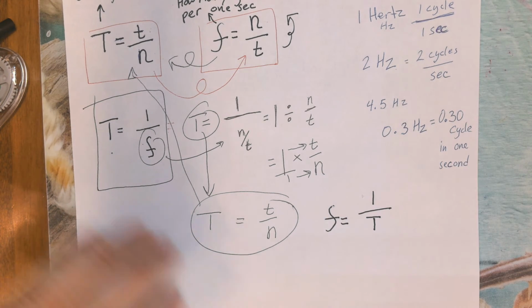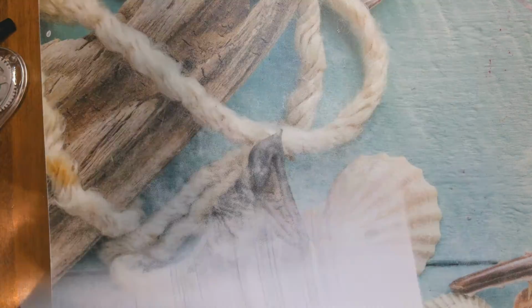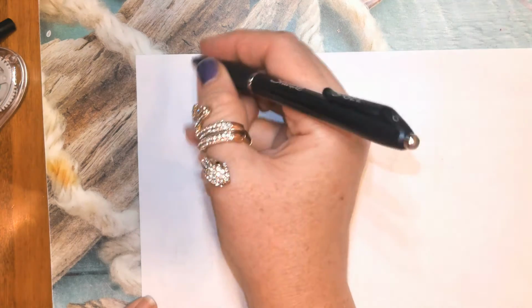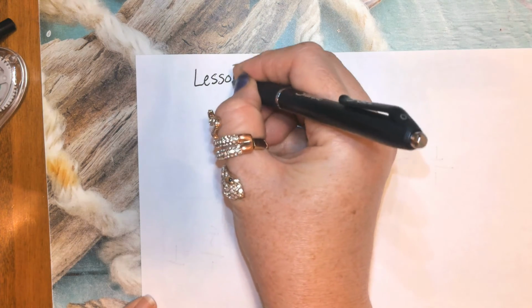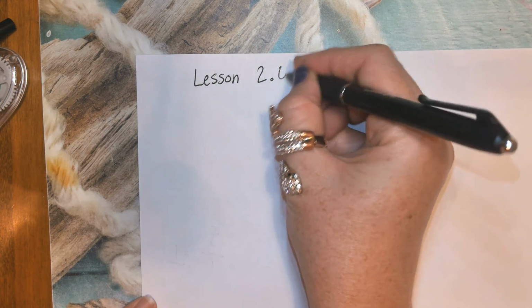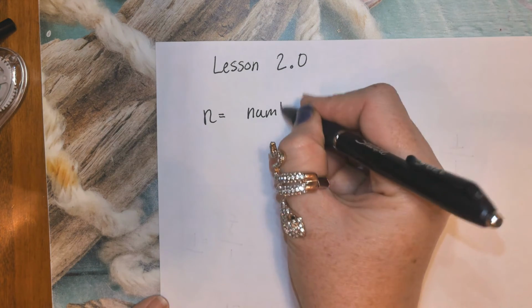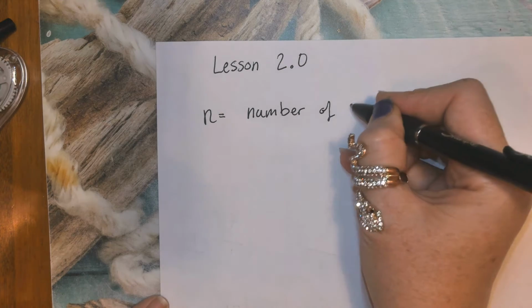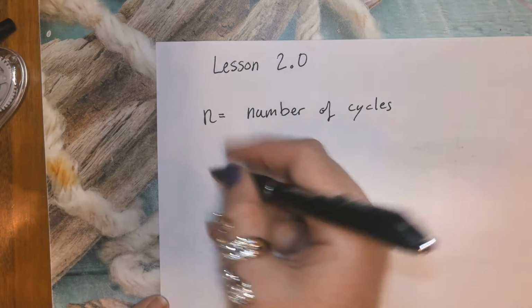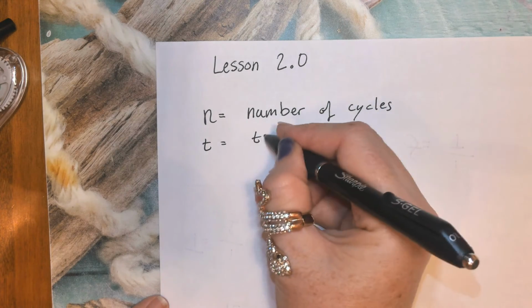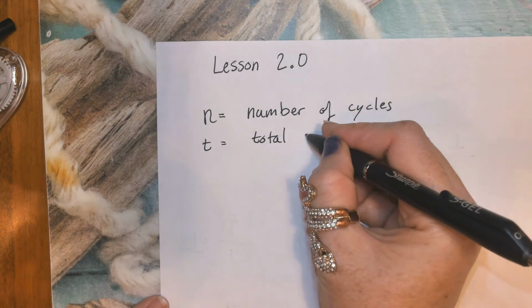Okay, let's summarize the 4 equations and variables that you need to know from lesson 2.0. You need to have these memorized and be able to use them. Little n equals number of cycles. Little t equals the total time of those cycles.